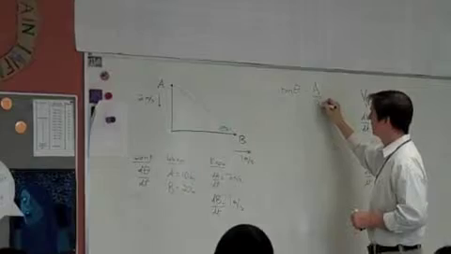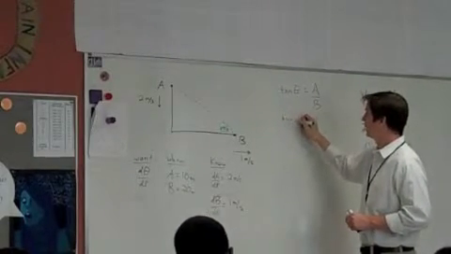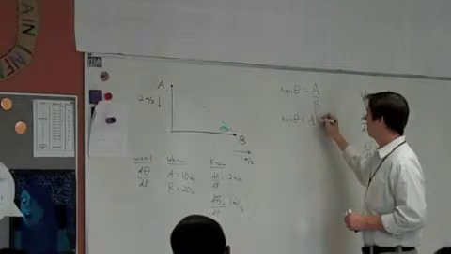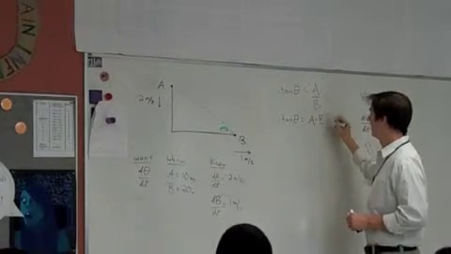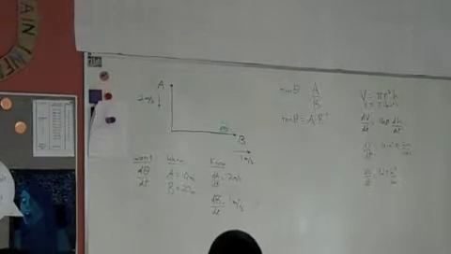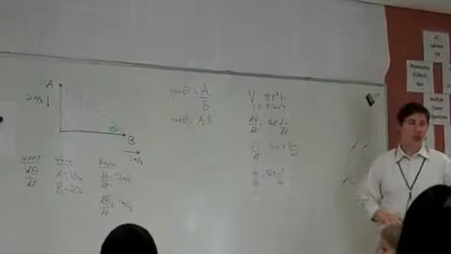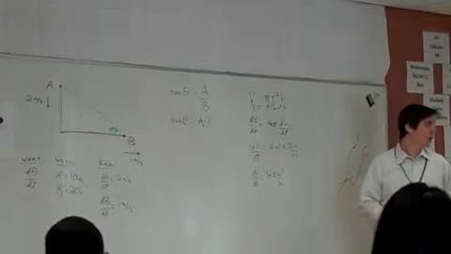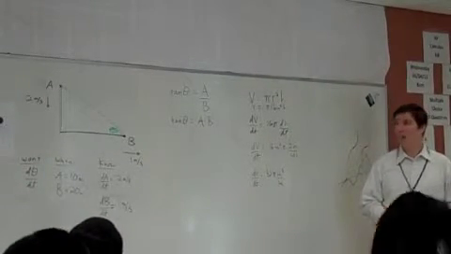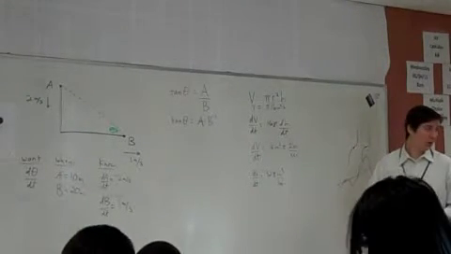Opposite over adjacent. You can either leave it in that form or whichever you like, product rule or quotient rule, whichever you prefer. So what I want you guys to do, with a couple of minutes left, is see if you can get started on this problem. What would you do? I want d theta/dt. How can I figure that out?